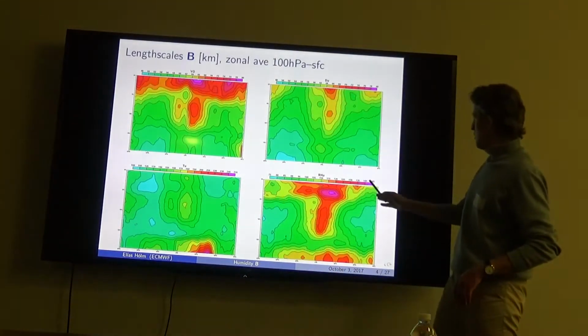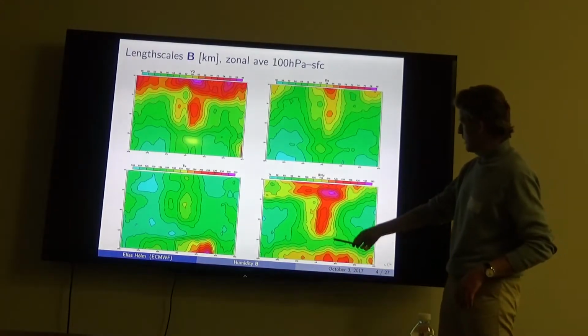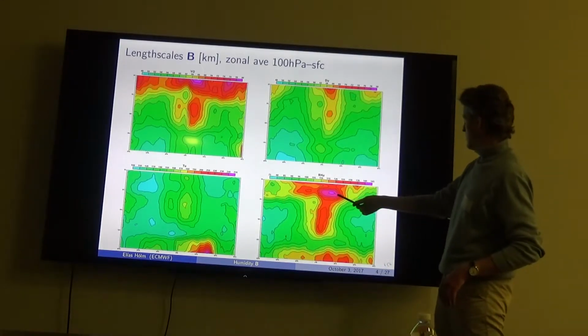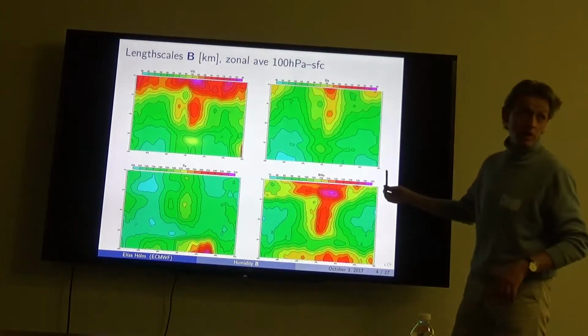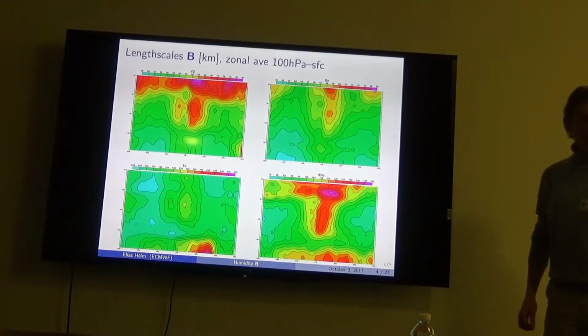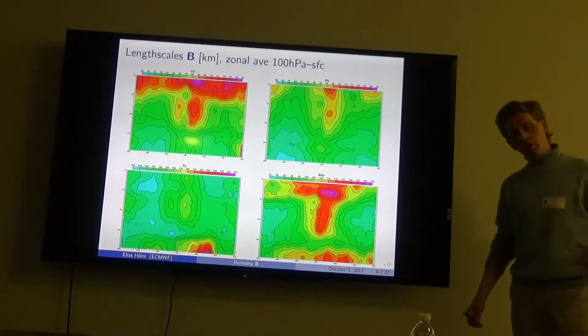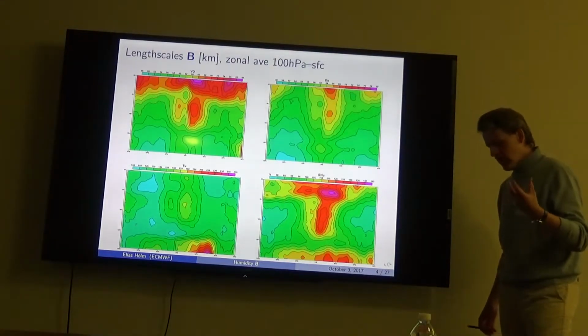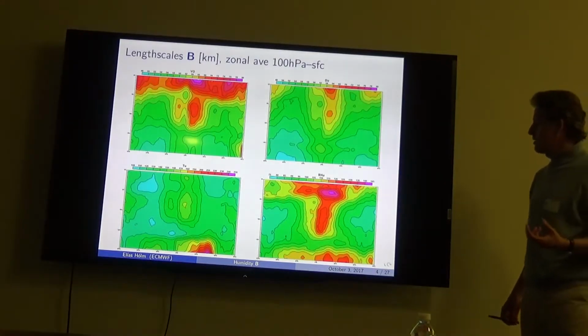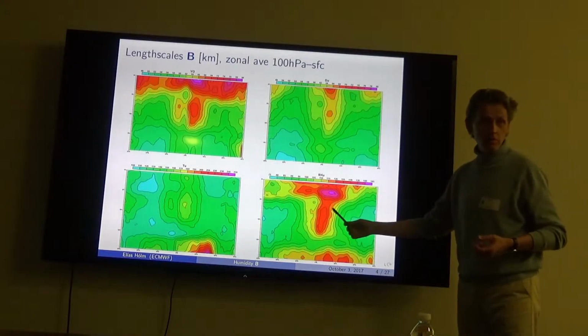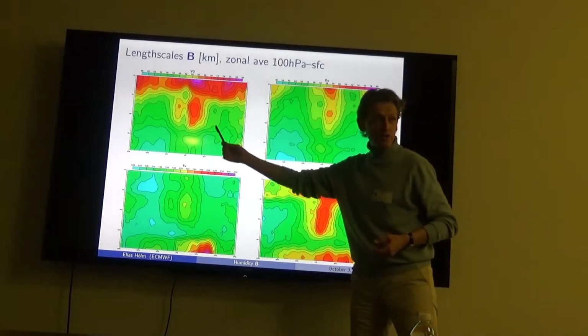And relative humidity in the upper troposphere peaks at about 134 kilometers. So people would ask which variable has the shortest length scale, and in actual fact, it's not humidity, it's more the vorticity, I would say.